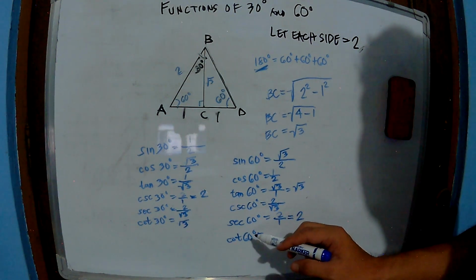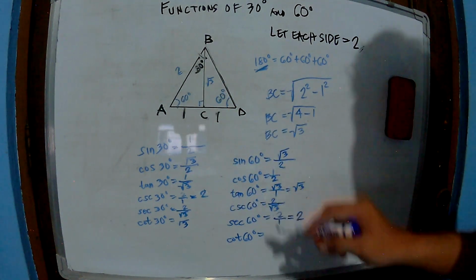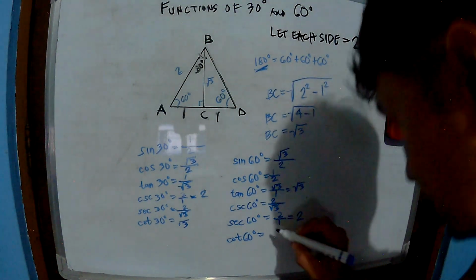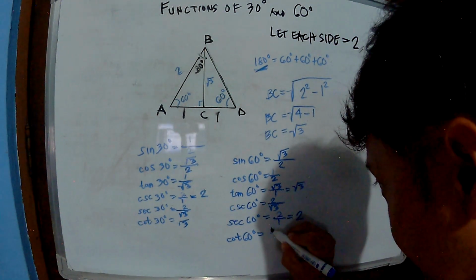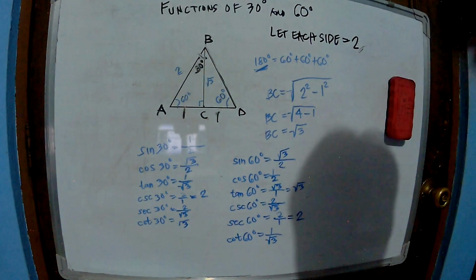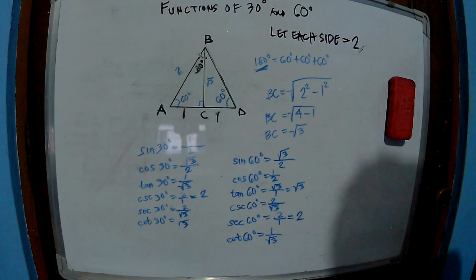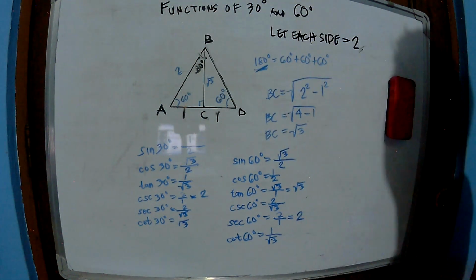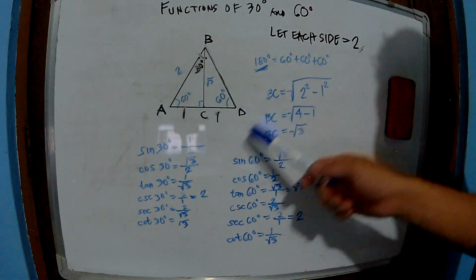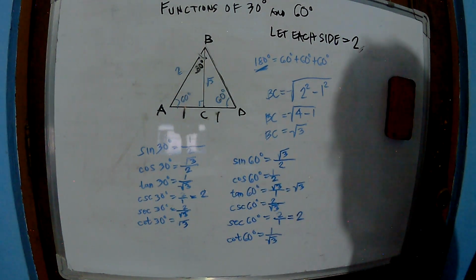For cotangent of 60, that will be the reciprocal of tangent of 60. So that will be 1 over square root of 3. Okay, so these are the functions of 30 degrees and 60 degrees of a triangle. So that will be the equivalent.